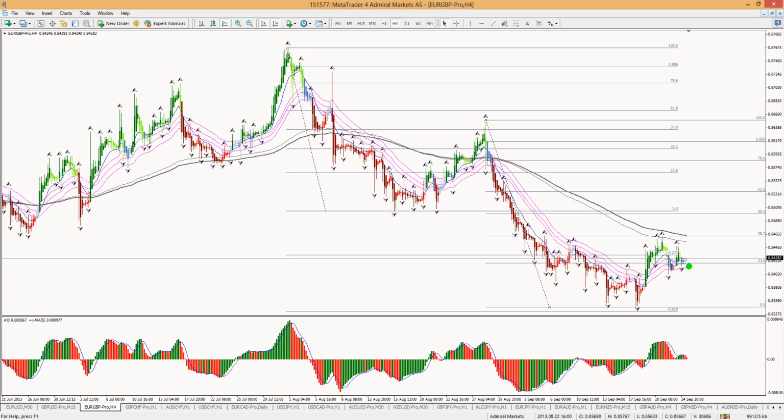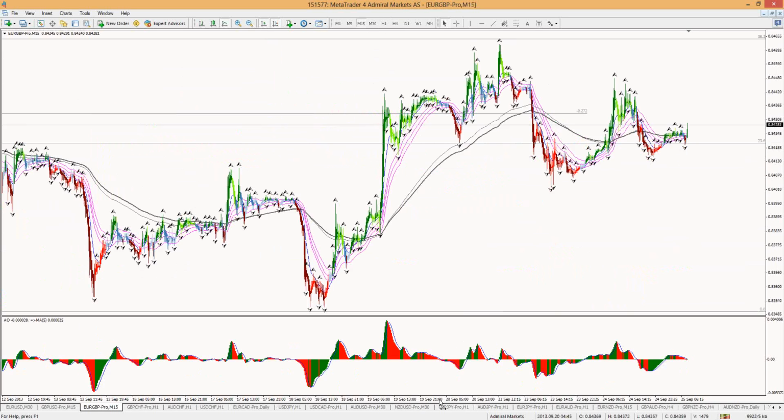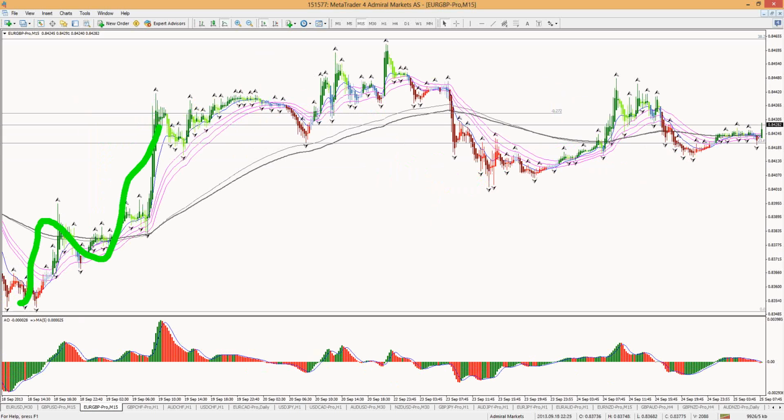So what can we expect? Well, let's zoom in quickly to a 50-minute chart. And if you look at the 50-minute chart, to me, it seems like a pretty good chance of 5 waves up here. All right.